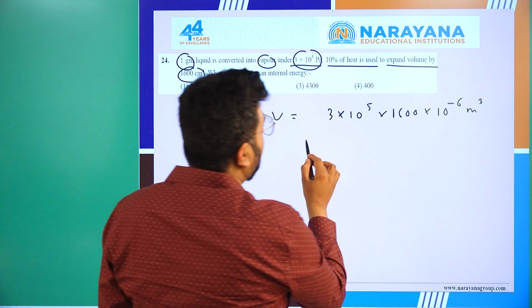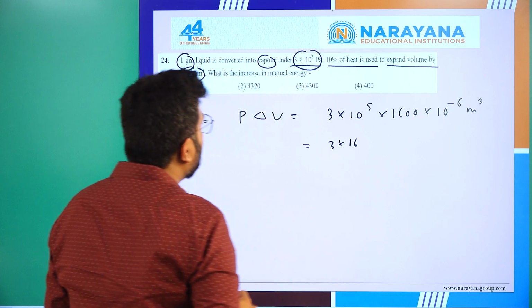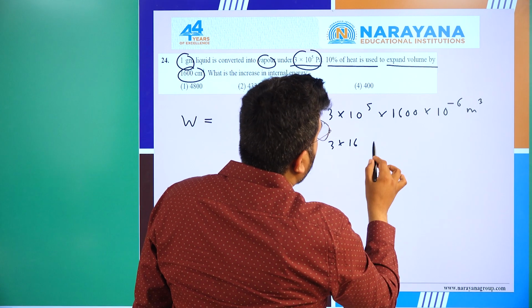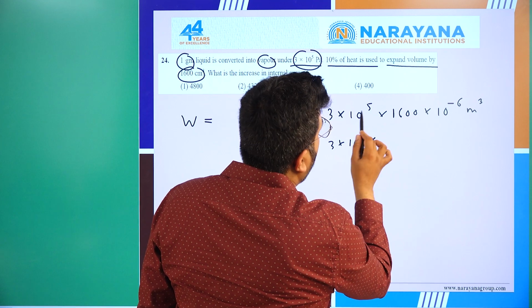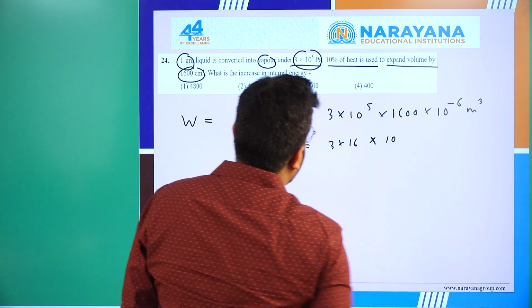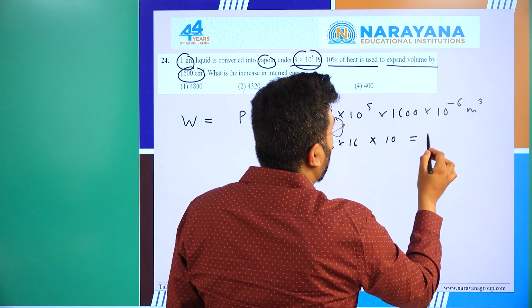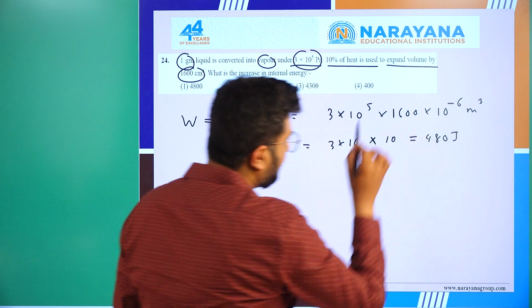So finally I get 3 into 16 into 10 raised to the power minus 1 into 10. I can write it this way. So this will come out to be 480 joules.